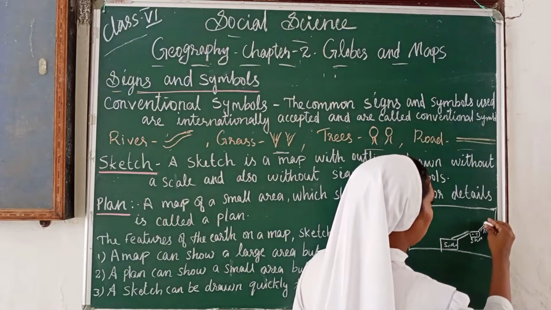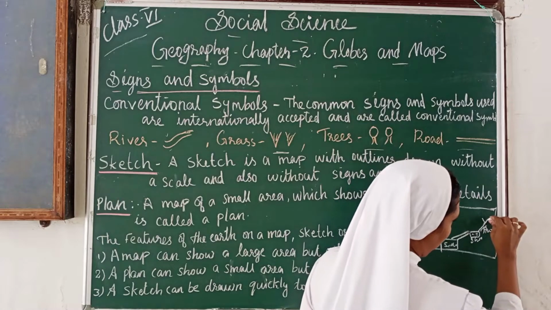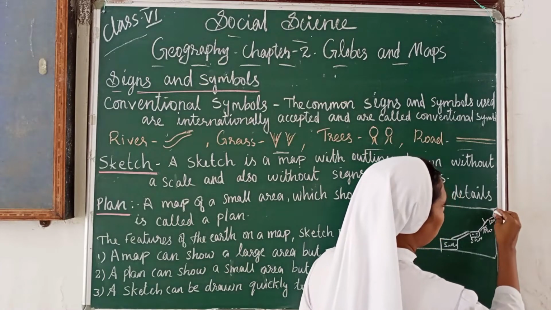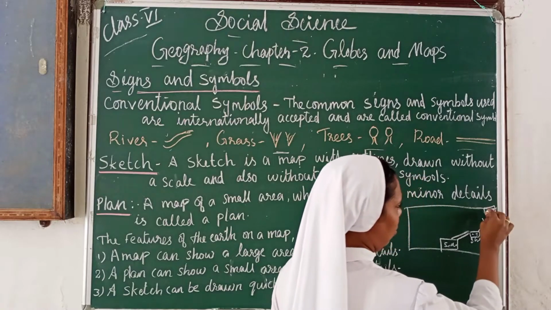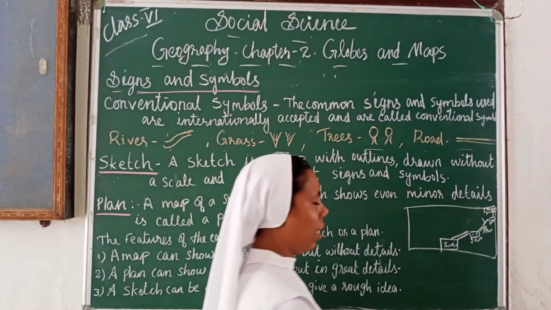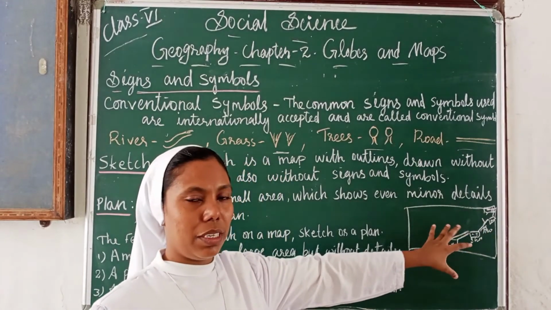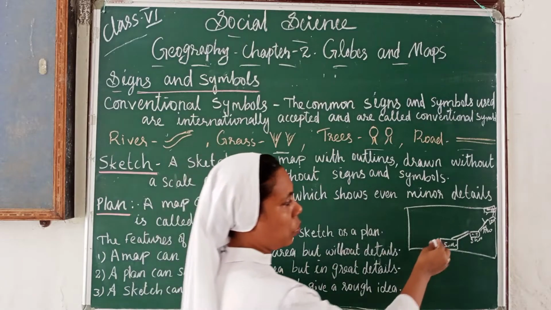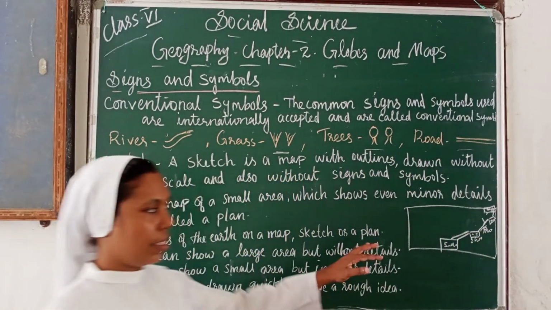Again, when we turn this side, maybe one post office, and near the post office there is a bookshop. If you say this to him, he can understand. When we show this sketch, there are no measurements or signs or symbols. We are just showing a rough map, and that is called a sketch.